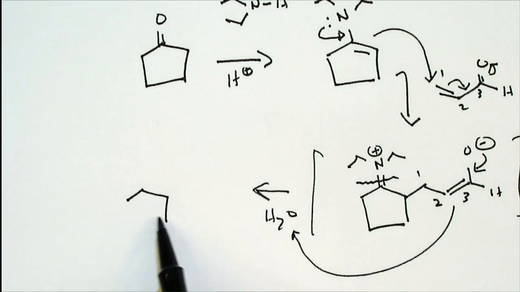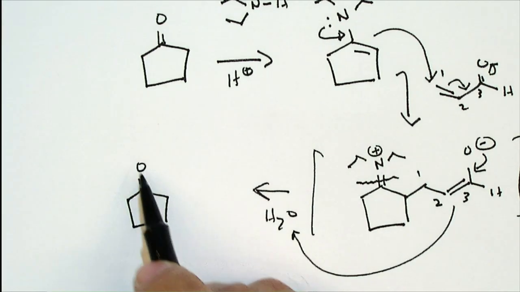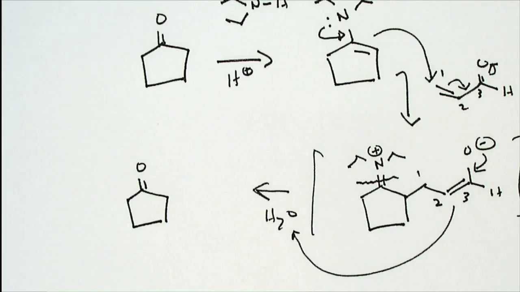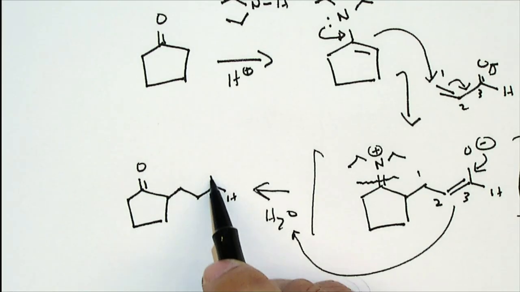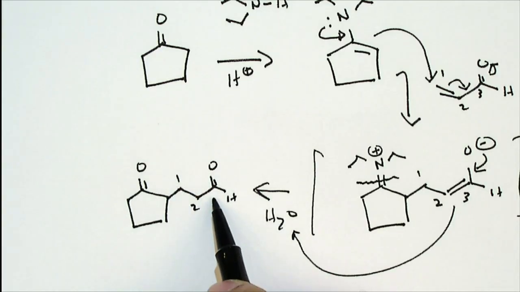So the imine is gone, and I now have the original oxygen, and then I have 1, 2, and 3. And there is the product of the Stork reaction, right? Which, one final time, is nothing more than a Michael addition using an enamine as opposed to an enolate.